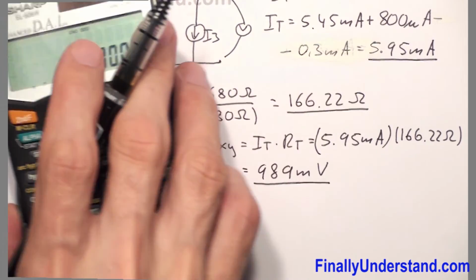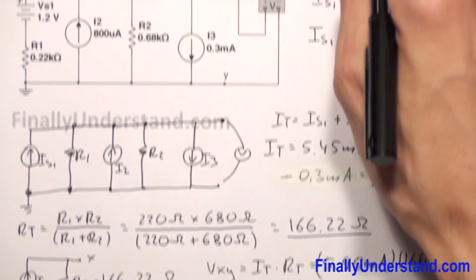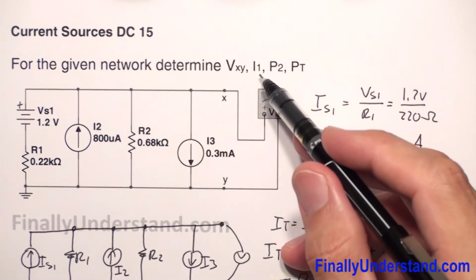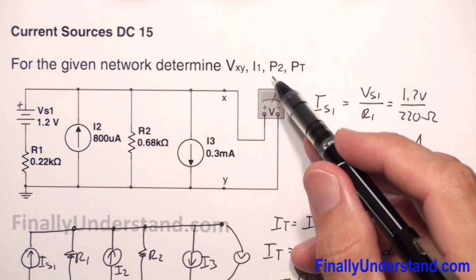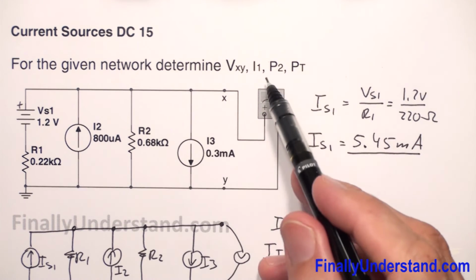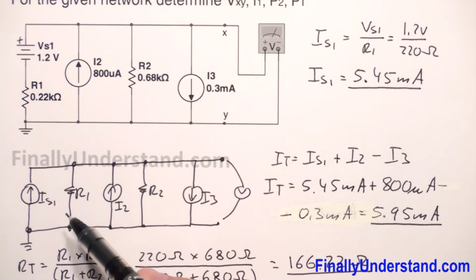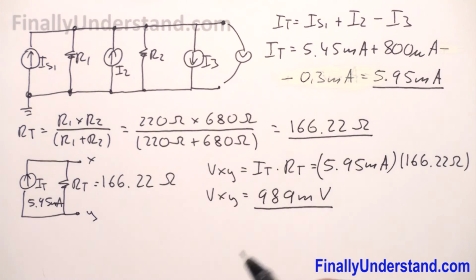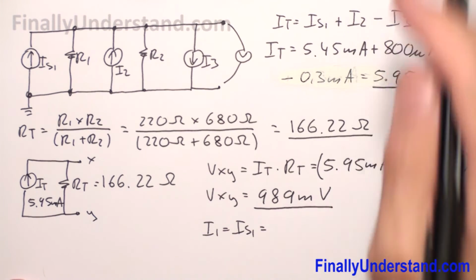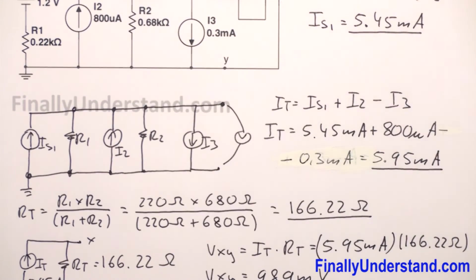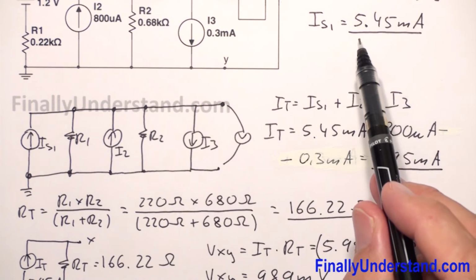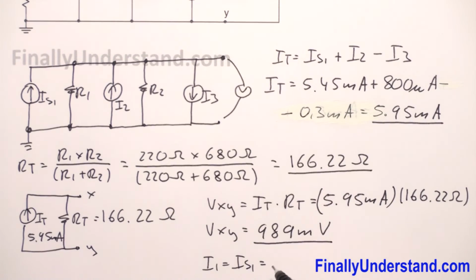So now we're supposed to find I1, but we have to realize that we found already I1, because my I1 is nothing else, just my IS1. So I can say that I1 is equal to IS1, and this is equal to 5.45 milliamps.